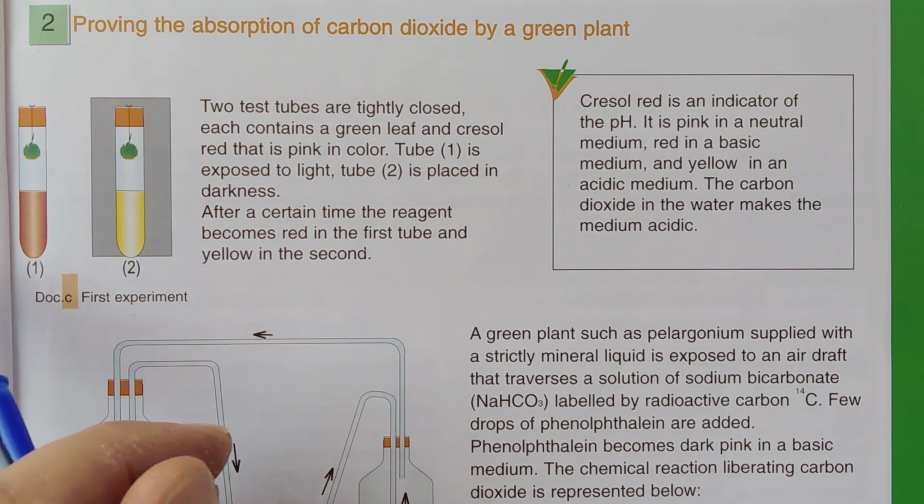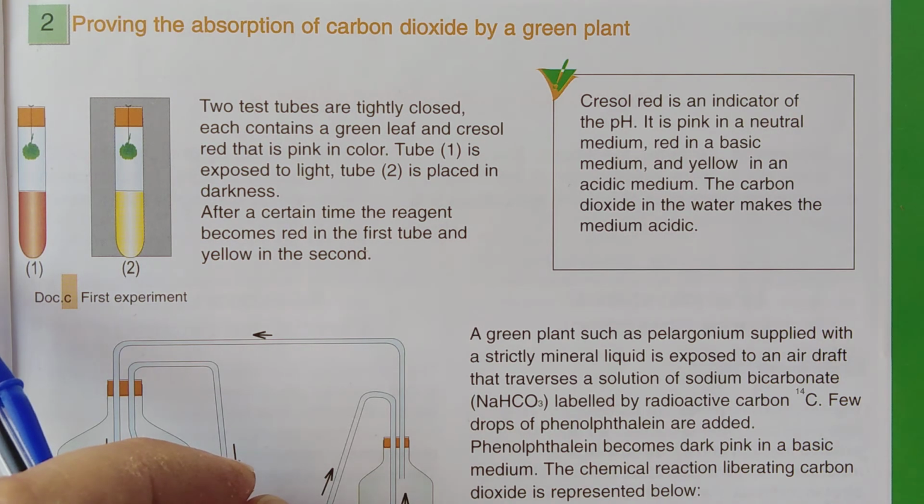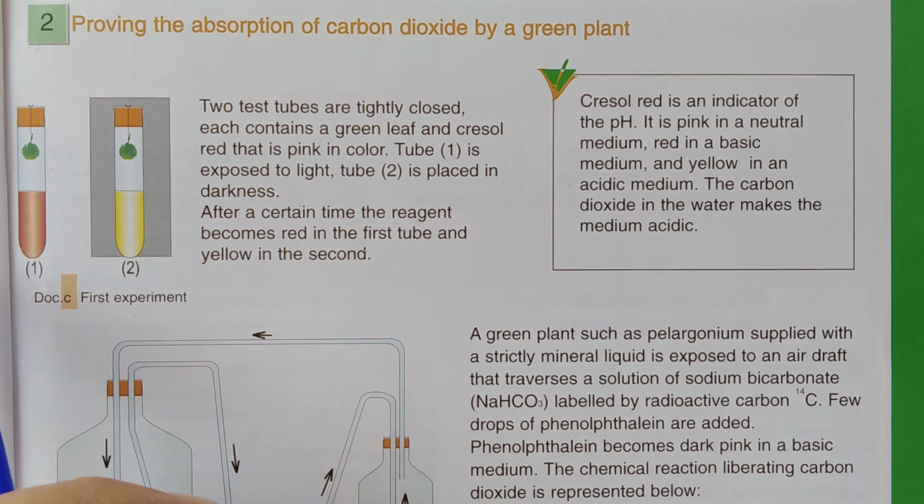We all know that by respiration we produce carbon dioxide and we consume oxygen, a process called respiration, which is the opposite process of photosynthesis that consumes carbon dioxide and releases oxygen.